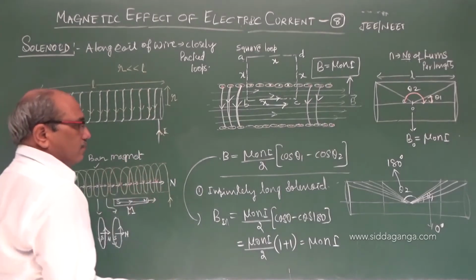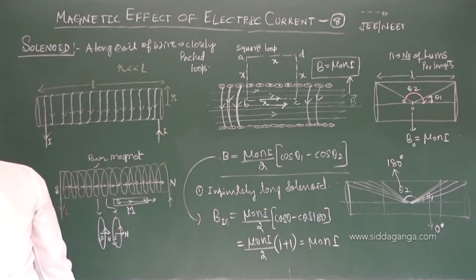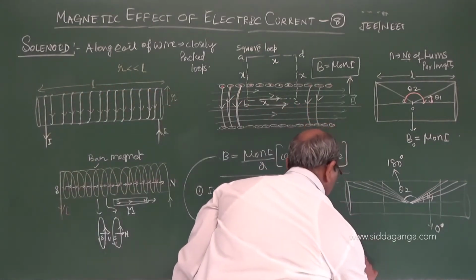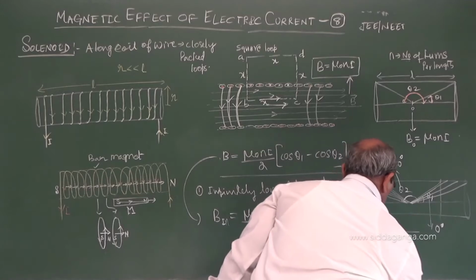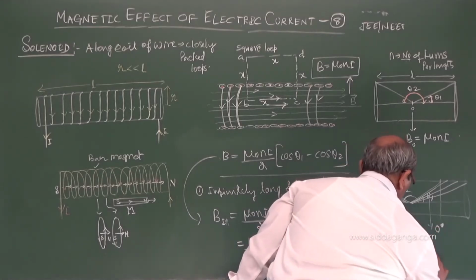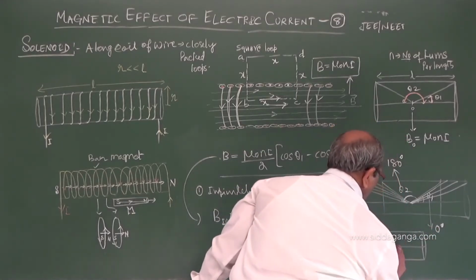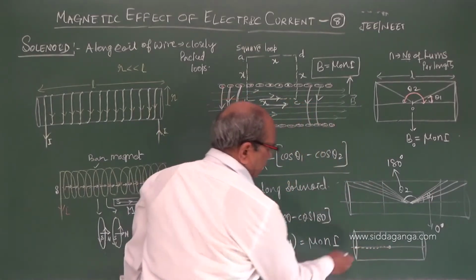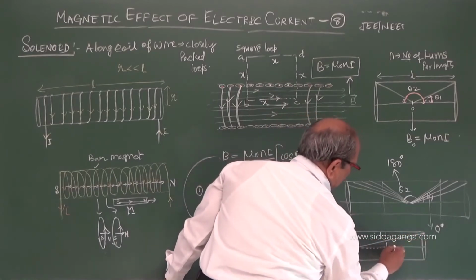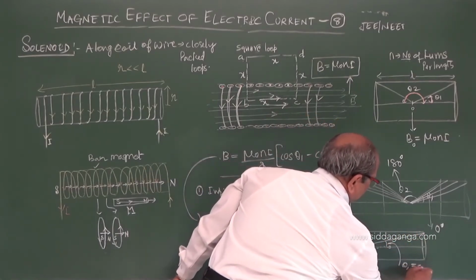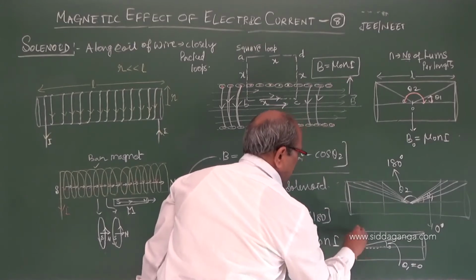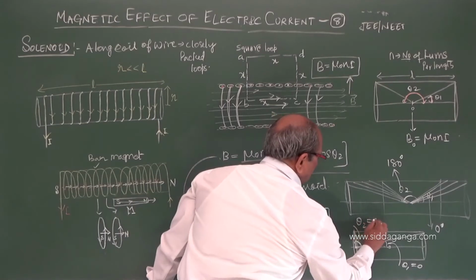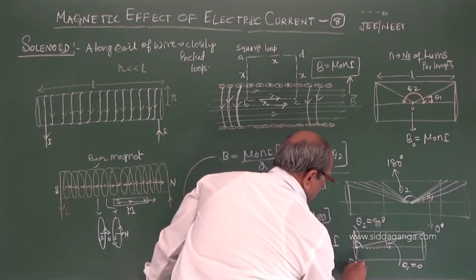Let us think I am considering the point at one end. The same solenoid is running on the other side. This is the central portion. When I am shifting towards this end, theta 1 is almost tending to 0, no doubt. But what happens to theta 2? Theta 1 becomes 0, but theta 2 becomes 90 if you come to one end.